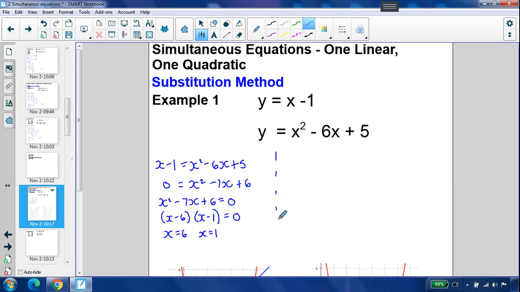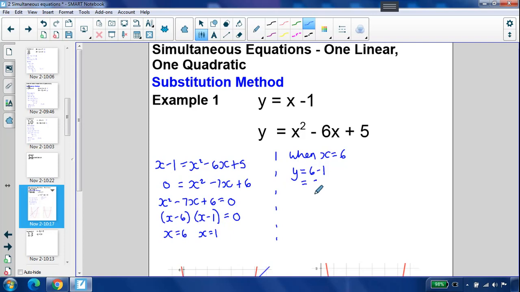Now I've got the x values, let's find the corresponding y values. So when x is equal to 6, I'm going to substitute it in to find y. Now it'll be easier to substitute into this equation rather than the quadratic equation. So let's substitute it in.